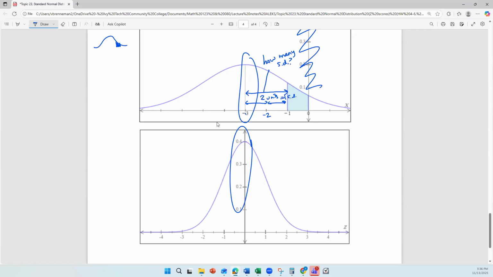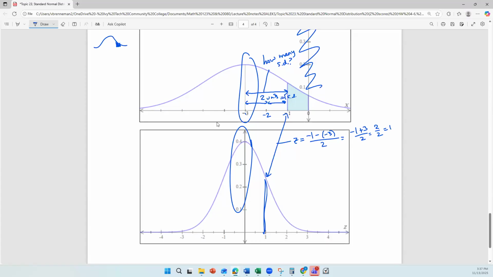So this first line is at 1. If you use the z-score calculation, you have to deal with negative numbers. So it's -1 minus the mean of -3 divided by the standard deviation of 2. That's -1 plus 3 over 2, which is 2 over 2, which is 1.